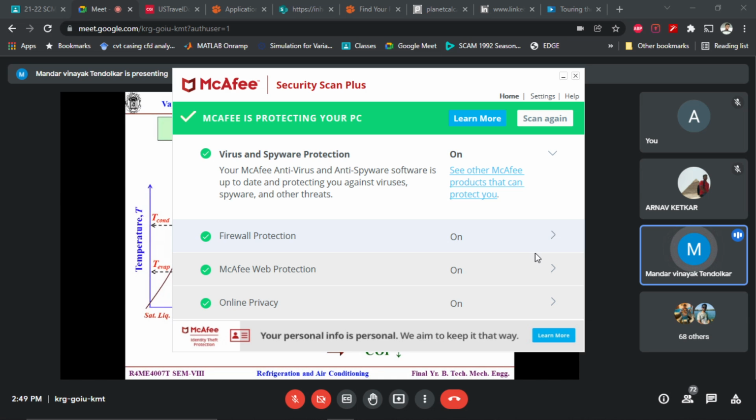Temperature would change, pressure remains constant. So E, 2, 3, C, E, in bracket E, 2, 2 double dash, then 3, C, E. Now my work input is increased. So that is why COP has to reduce. Correct? Agree? Yes.